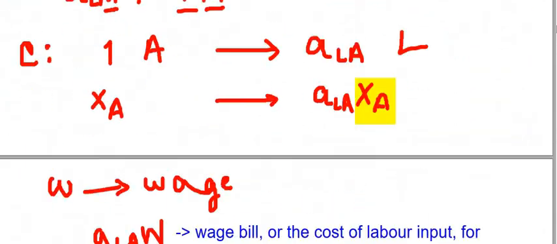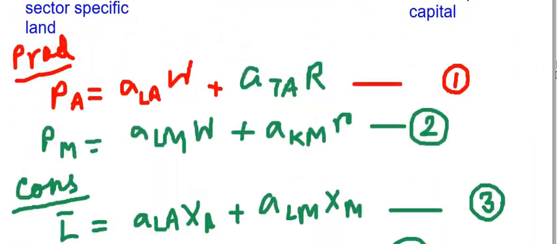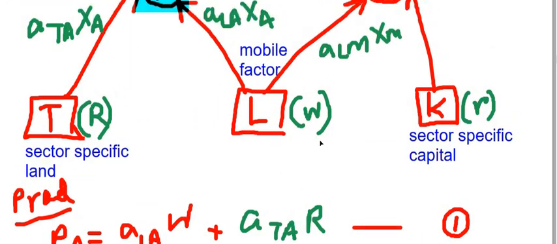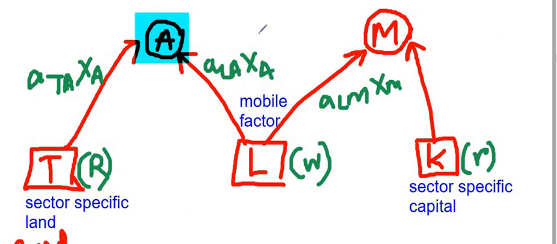So you have equations 1, 2, 3 and 4 that are used to determine the value of these four unknowns. Now if you go to the Jones 1971 model, you will realize that there are 5 equations, so there must be 5 unknowns as well. The two outputs not known are XA and XM, similar to the 1965 model. But here there are 3 factors, which means there are 3 factor prices.